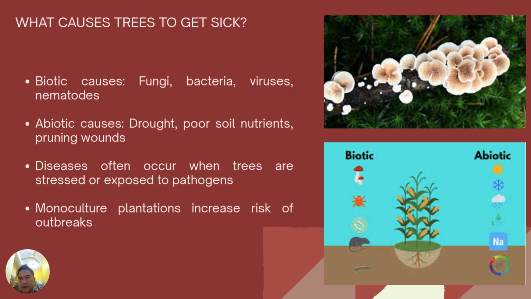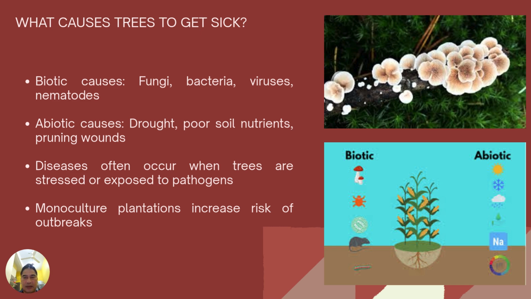before they spread. All right, so let's talk about what actually causes trees to get sick. There are two main types, biotic and abiotic. Biotic just means living things like fungi, bacteria, viruses, and even tiny worms called nematodes. These are the actual pathogens that infect the tree.